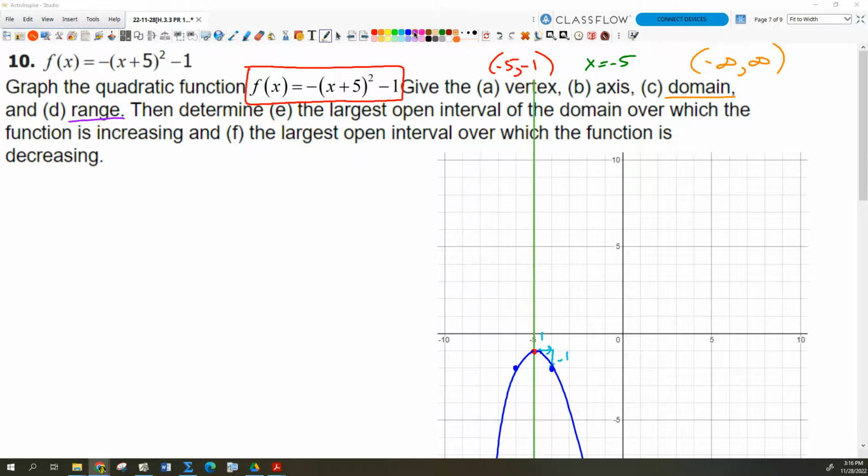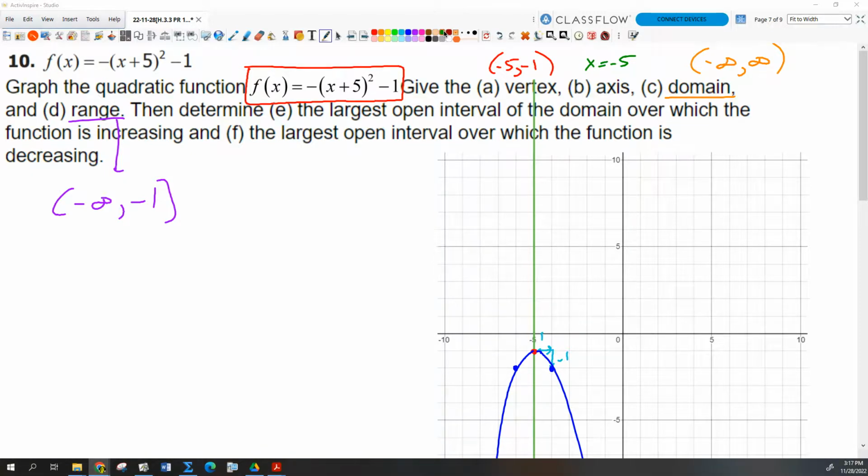Okay, right idea, but not stated correctly. -infinity to -1. There you go. Okay, so the range, -infinity to -1. What do I need with the -1? Brackets. Because -1 is a y value that is included in the graph. Okay, how about this one?